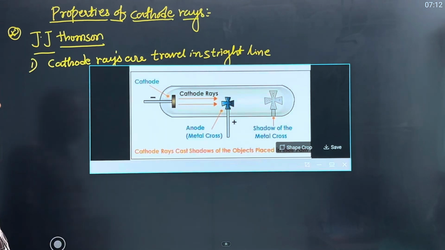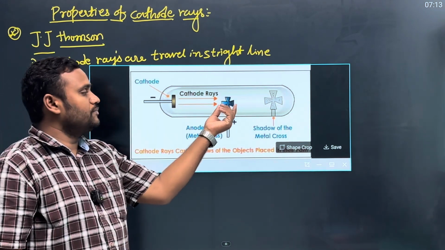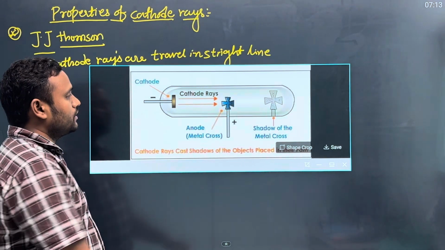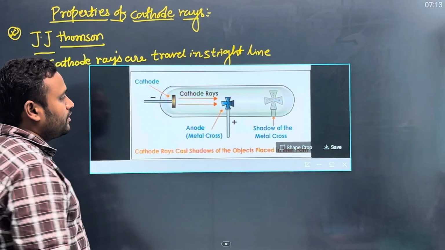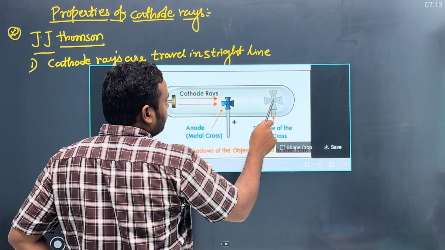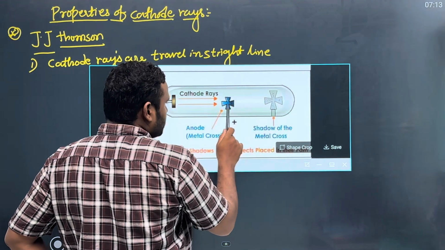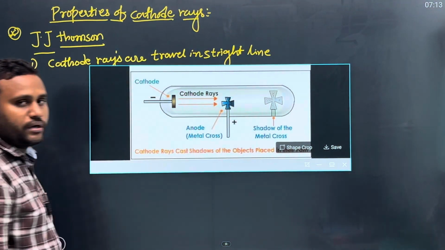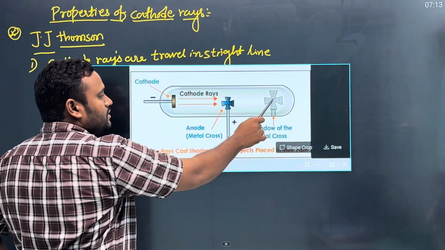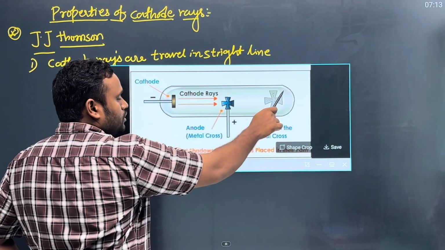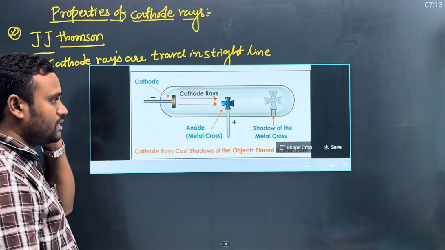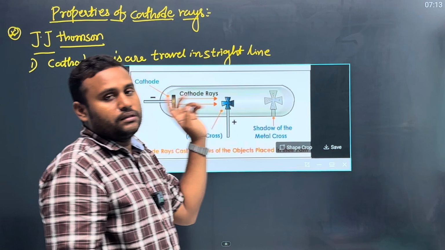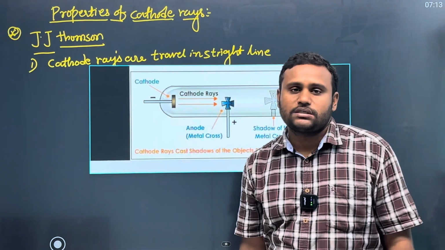When you keep a metal object in the path of cathode rays, we can observe the image of this metal object on the zinc sulfide or fluorescent screen. Based on this we can say the cathode rays are traveling in a straight line.